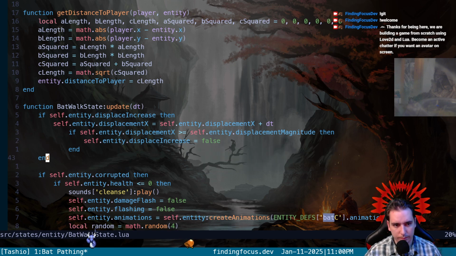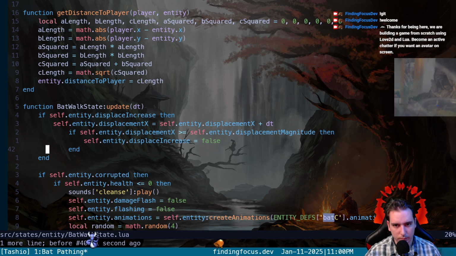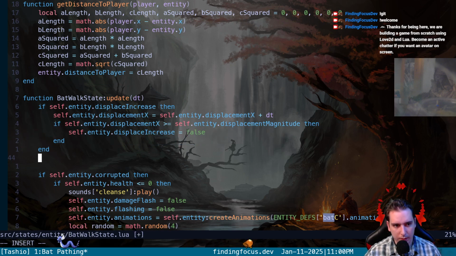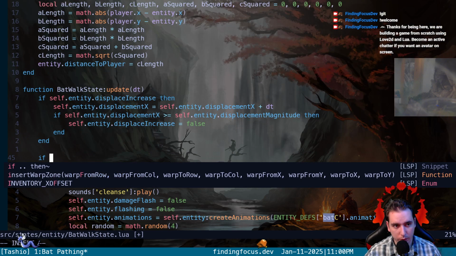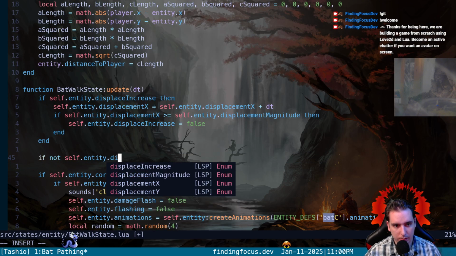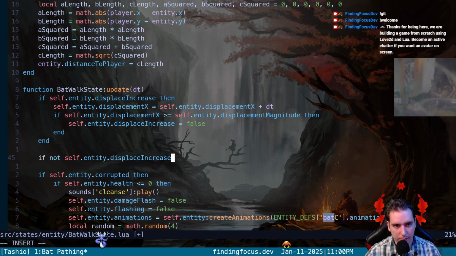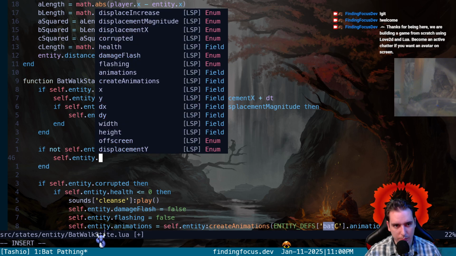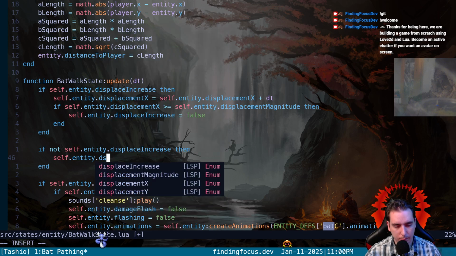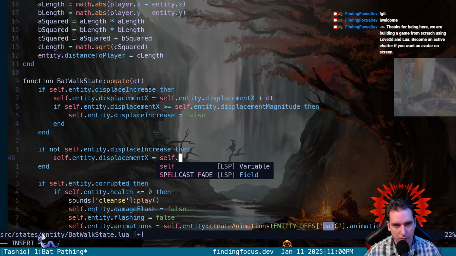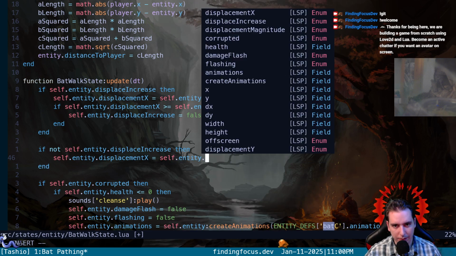And then we can say if we're decreasing, if our entity displace increase not, then let's take our displacement x and decrease it by delta time instead of increase.